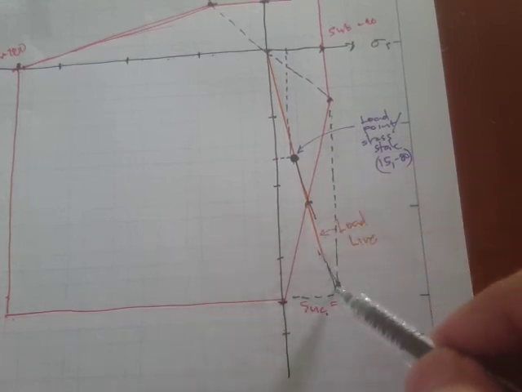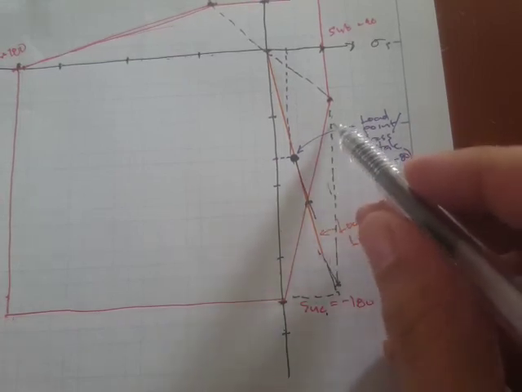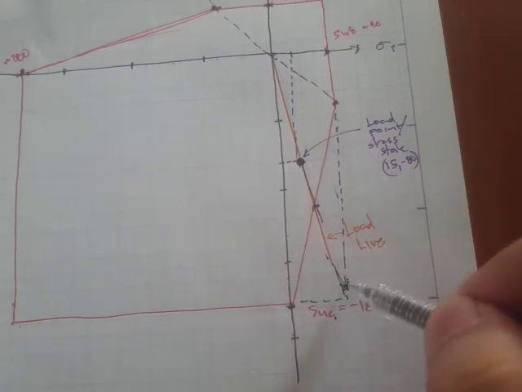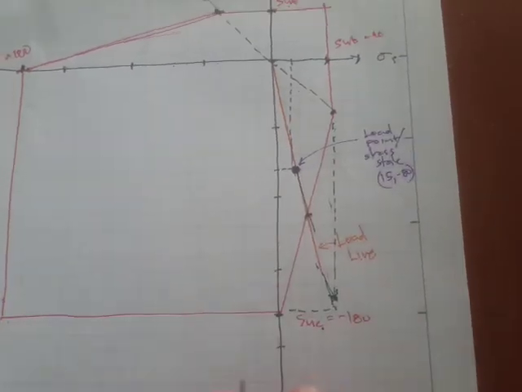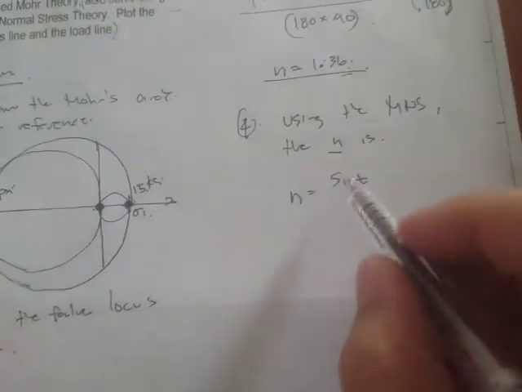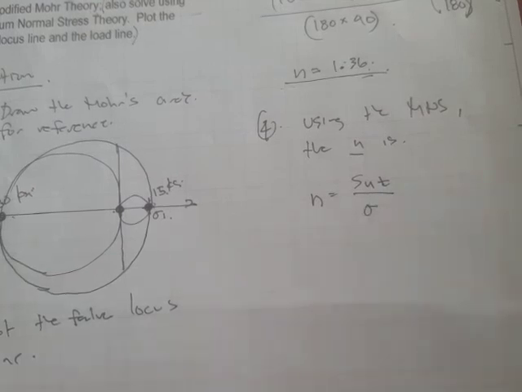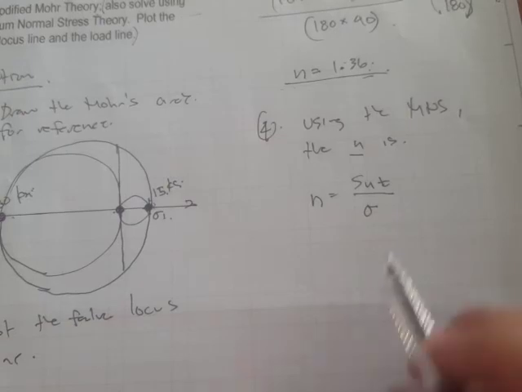Right here it's at the ultimate tensile strength, so that's going to be SUT divided by sigma 1.